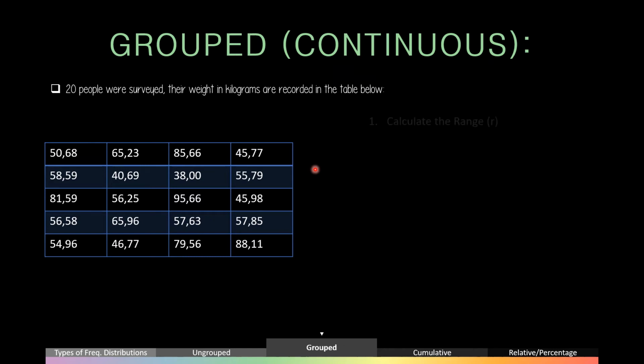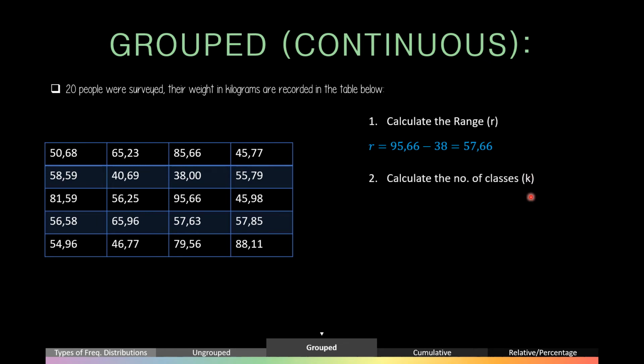Okay, so the first step again is we're going to calculate our range. So that's our highest value minus our lowest value. For our data, that's 95.66 minus 38, which gives us a range of 57.66 kilograms. Next, we want to calculate the number of classes. Again, we're going to use Sturges' rule. So that's k is equal to the rounded up value of 1 plus 1.44 multiplied by the natural log of n.